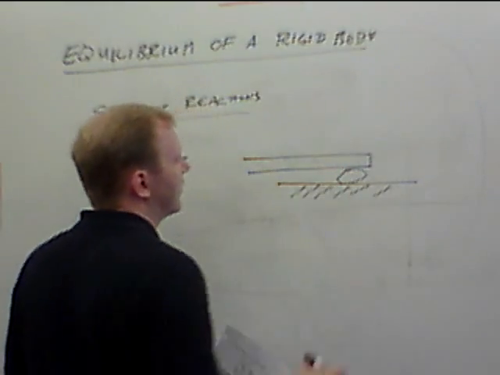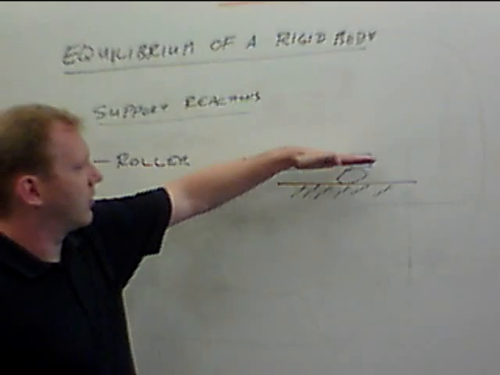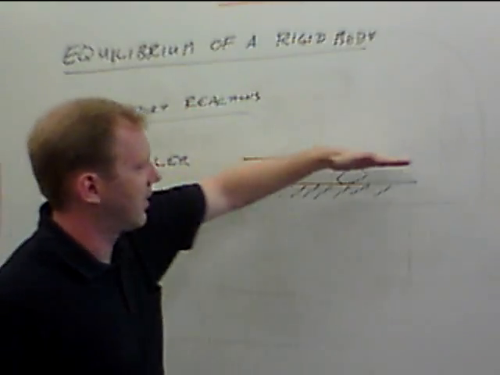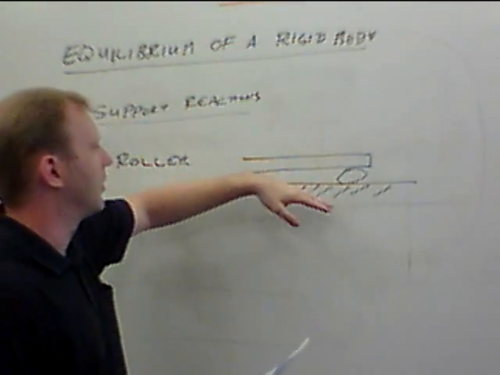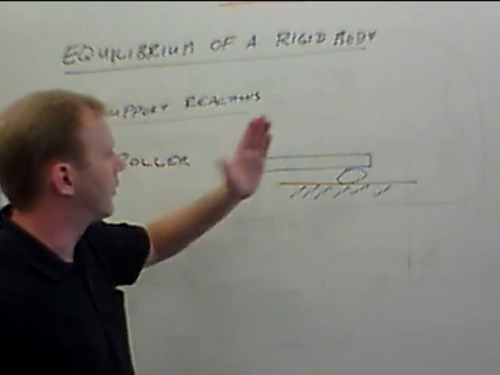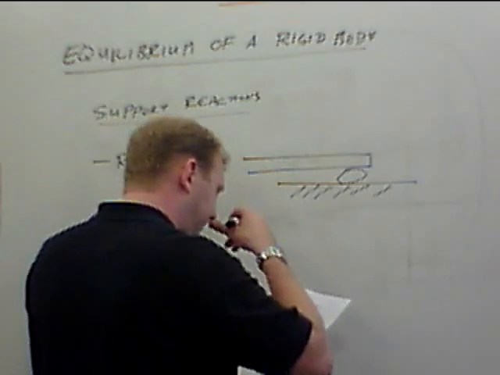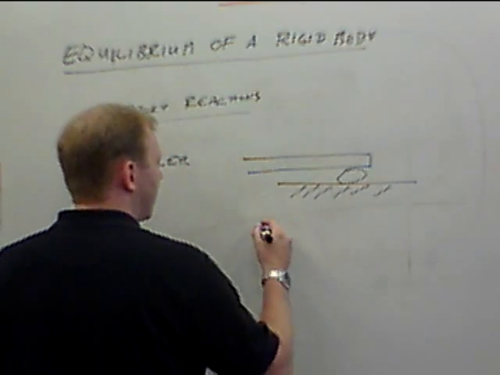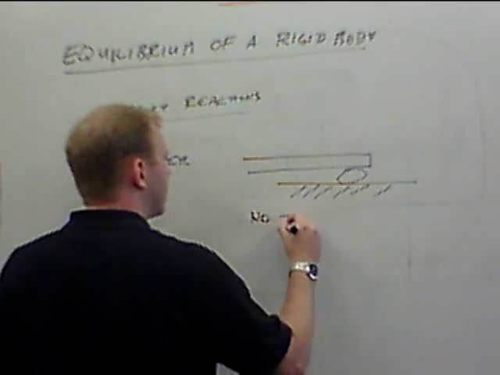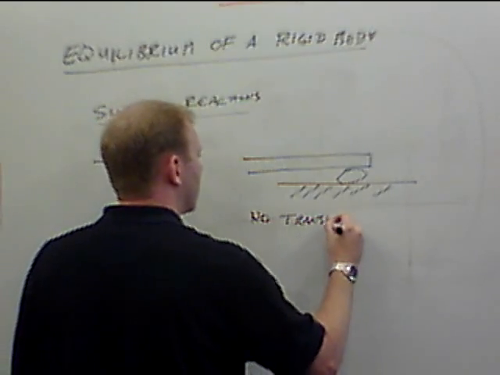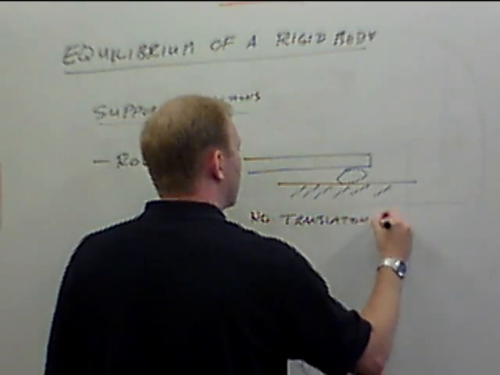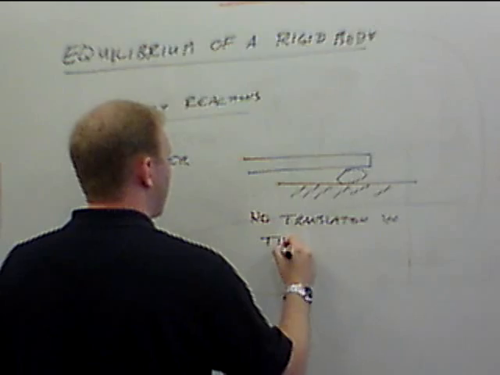It's going to support the beam. This is going to allow the beam to move side to side as it rolls. It's going to allow it to rotate as it rolls over the thing. All it's going to do is prevent translational motion in the vertical direction.